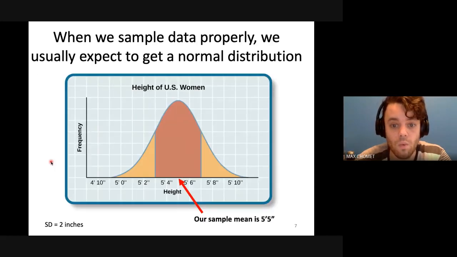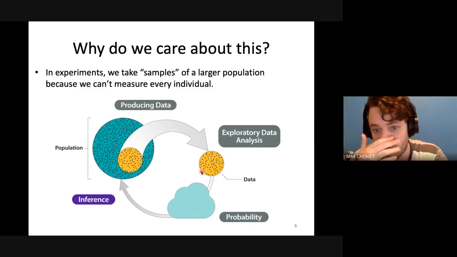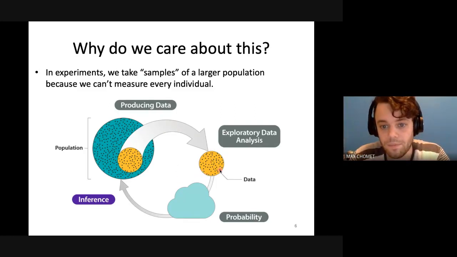When you take these samples, they aren't the exact same thing as the population, and so we're hoping that the average here is going to represent the average here.